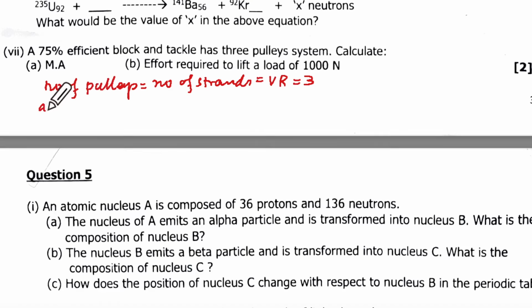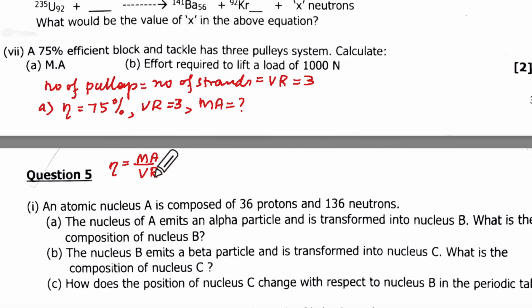Okay, then A, they are saying efficiency equal to 75%. Right. Then VR is equal to 3. So MA equal to question mark. Our relation is efficiency is equal to MA upon VR. Very good. So 75 upon 100 is equal to MA upon 3.